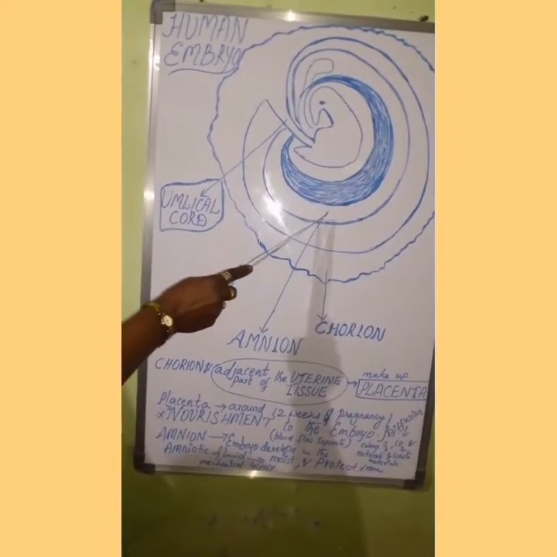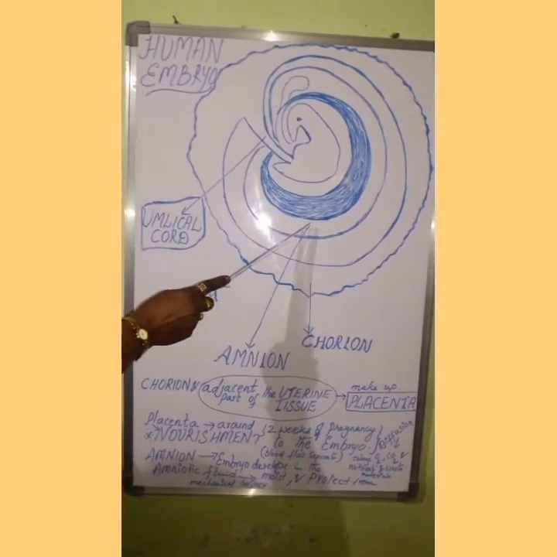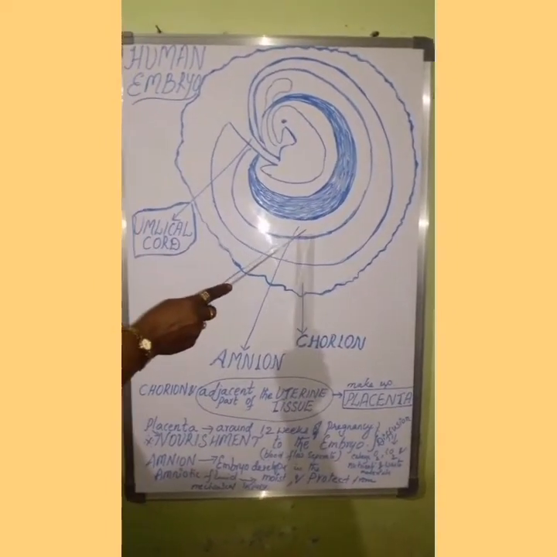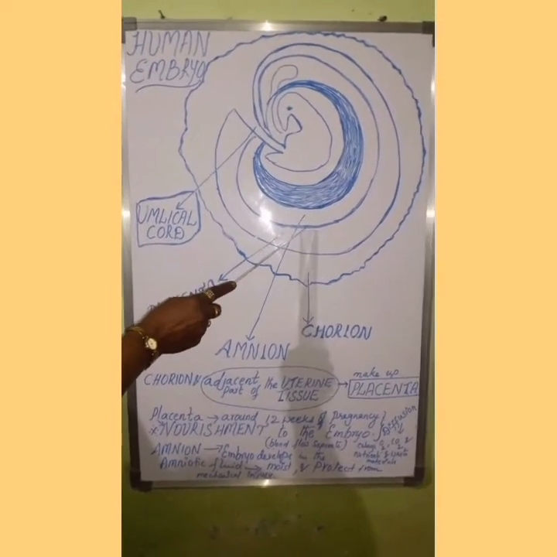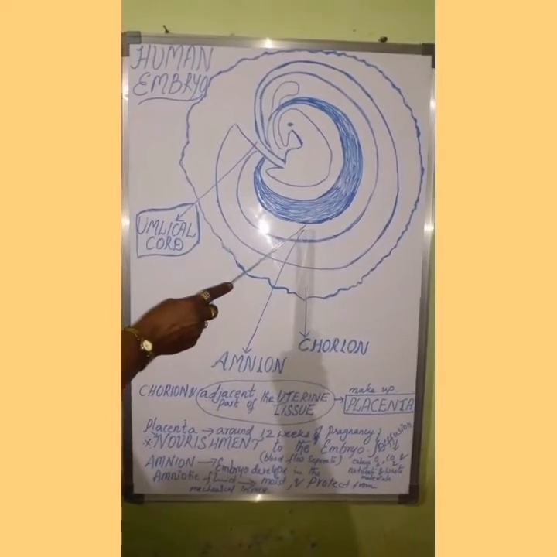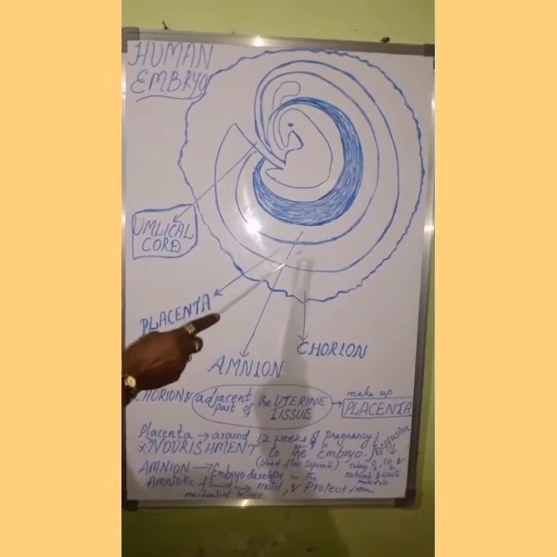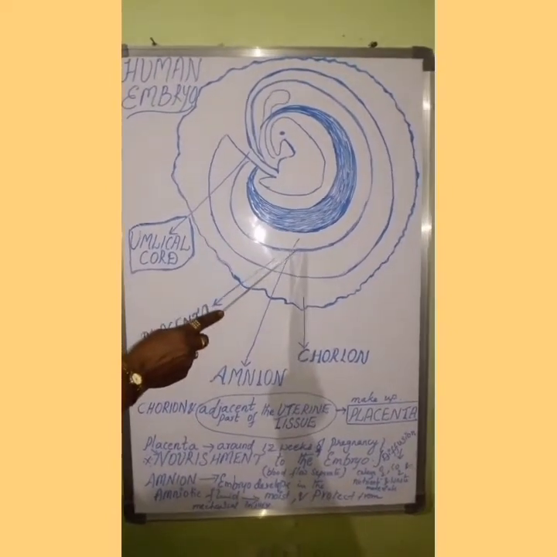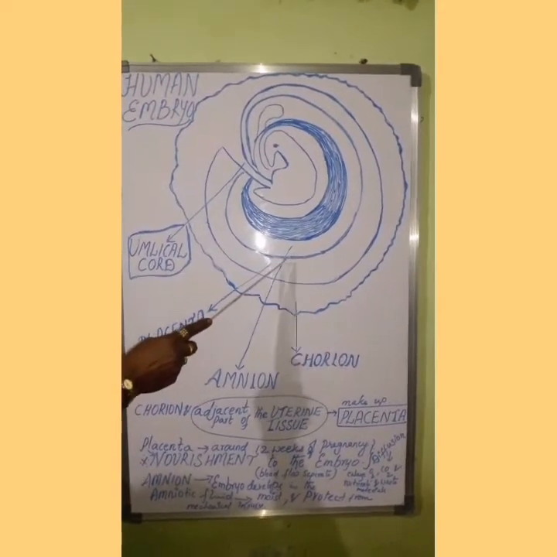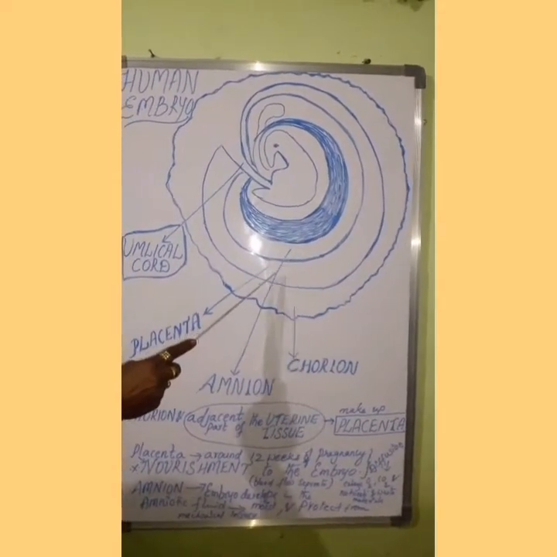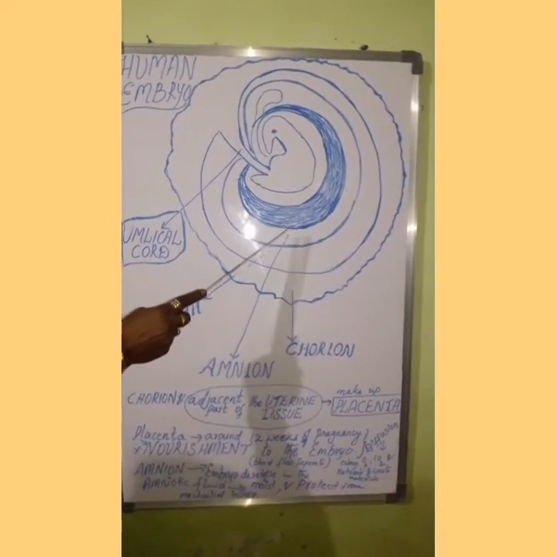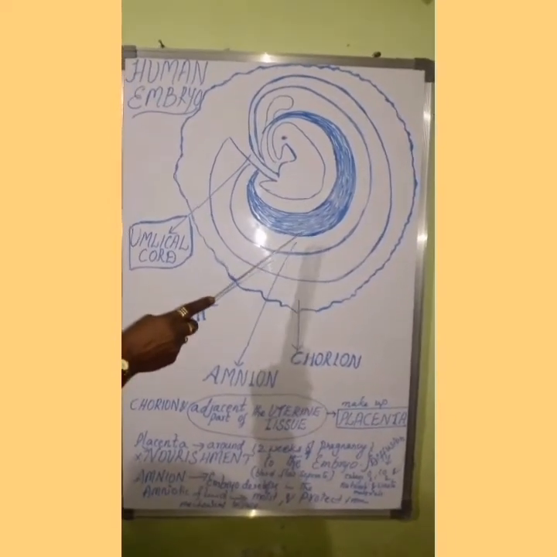Here also, the blood systems of the mother and the embryo are separated by thin membranes made up of cells, which help in exchange by means of diffusion. It also exchanges gases like oxygen and carbon dioxide, provides nutrients and collects the waste materials. All these are done by means of diffusion.